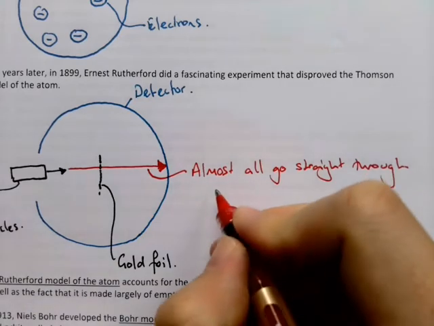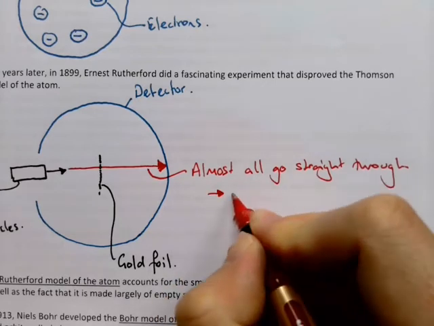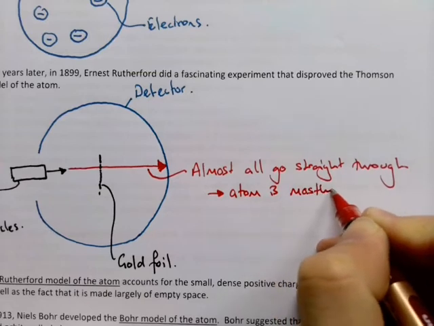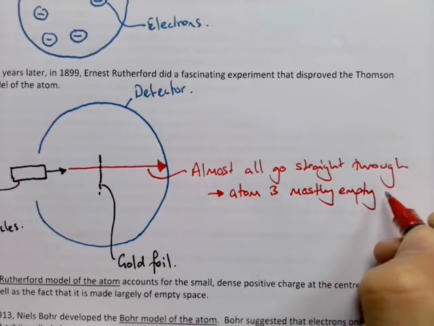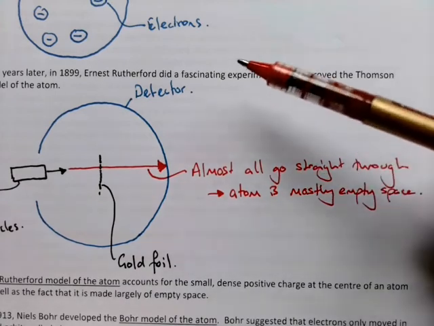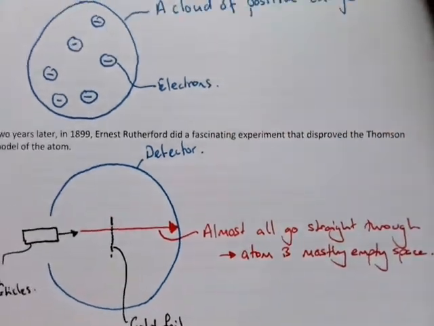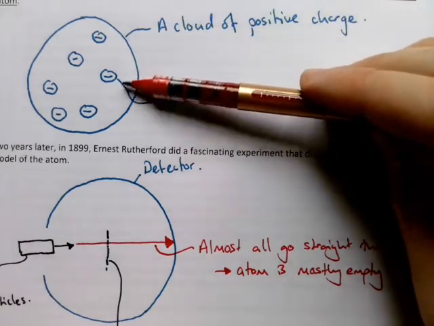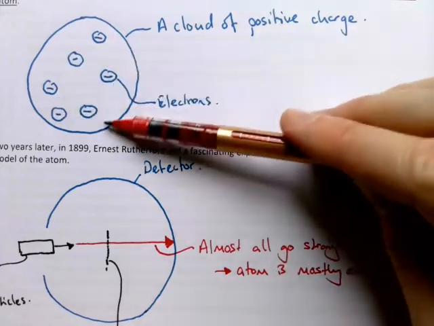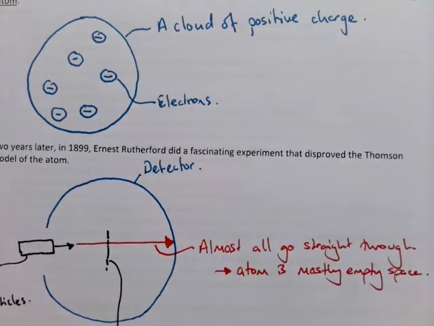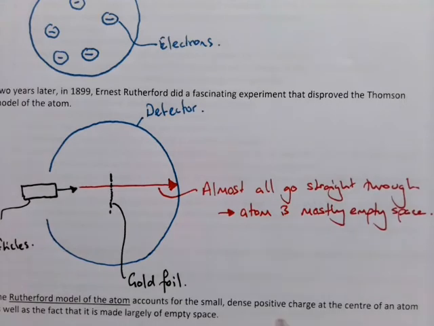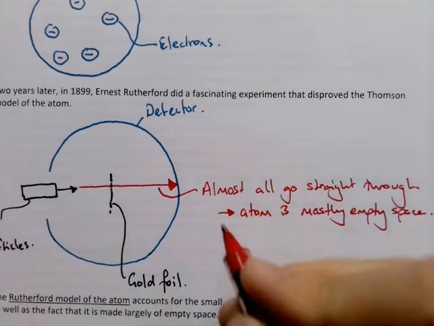And if there's nothing in its way, the atom must be mostly empty space. So at this point he was probably thinking, Thomson's plum pudding model's not looking good now, because that's not mostly empty space. It's got this big positive charge stuff with these electrons stuck in it. So that was number one.